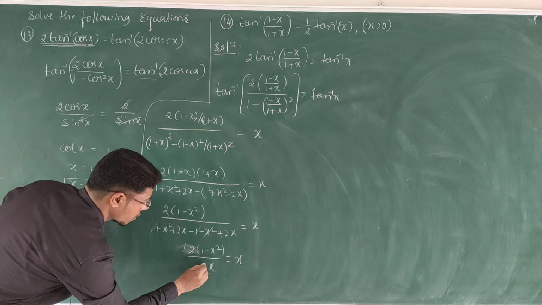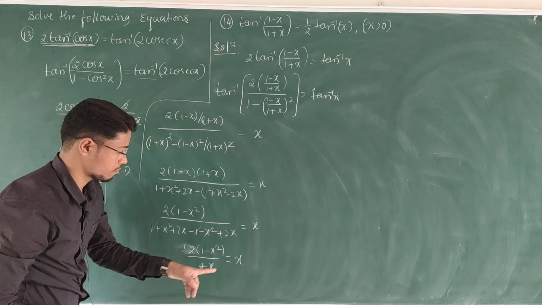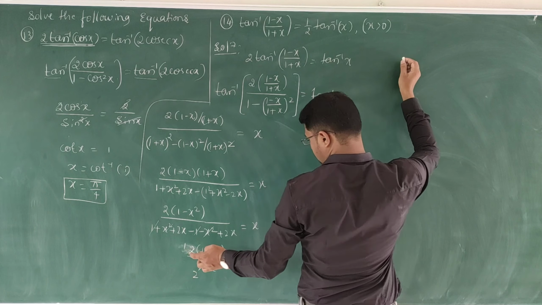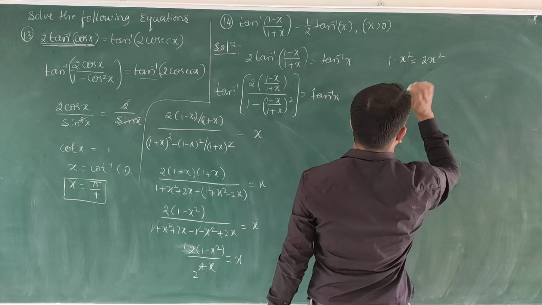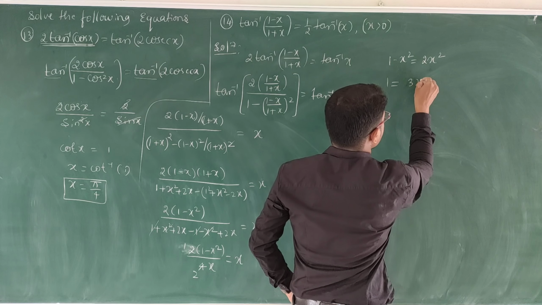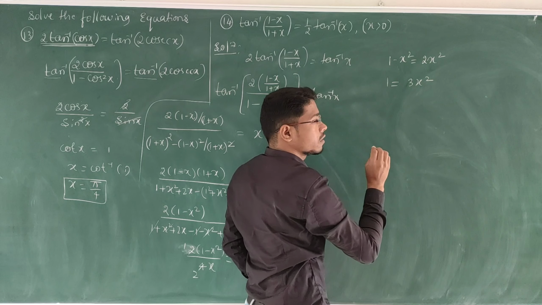So 2 ones are 2, and take this 4x to this side. Multiply: 1 minus x square is equal to x into 4x over 2, that is 2x square. Take this side: 1 is equal to 3x square. 2x square plus x square is 3x square.